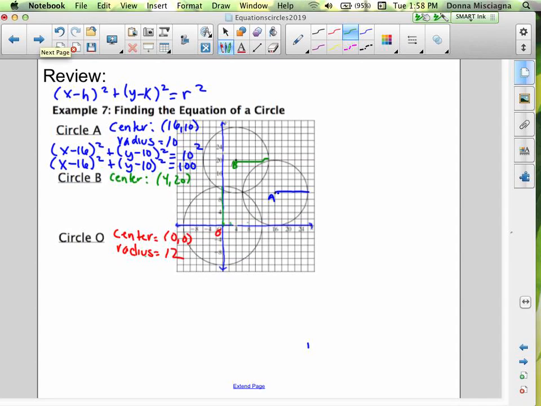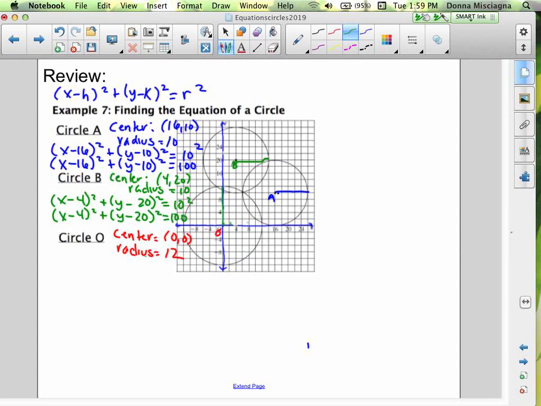The center is (4, 20). The radius is 10. So this circle is (x - 4)² + (y - 20)² = 10². So (x - 4)² + (y - 20)² = 100.